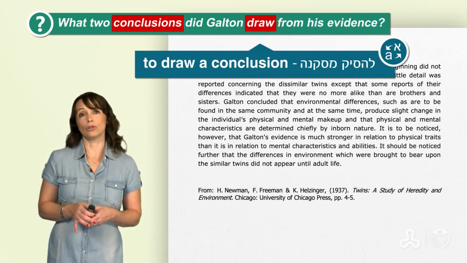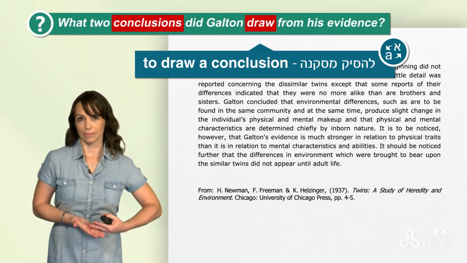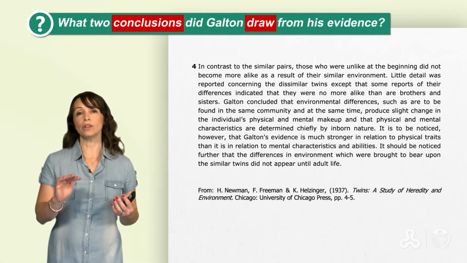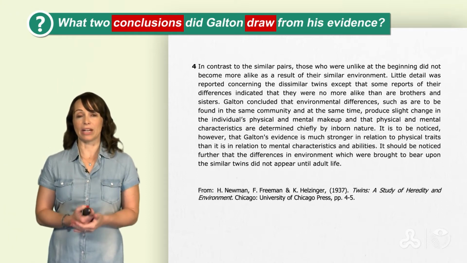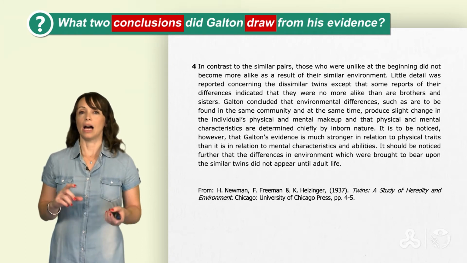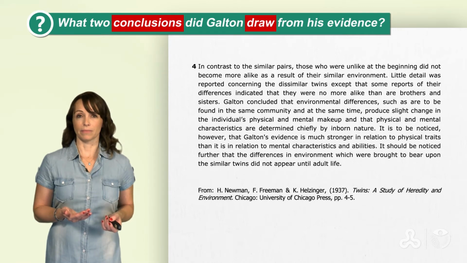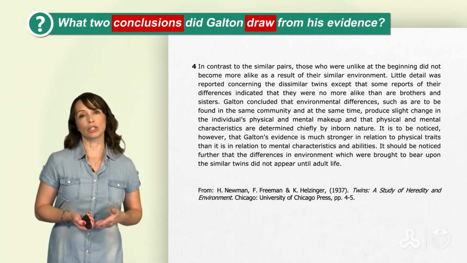To draw a conclusion doesn't mean to draw a picture of a conclusion, but to derive a conclusion. So writers draw conclusions. What am I looking for in the text right now? I'm looking for the two conclusions that Galton arrived at from his evidence. So let's pause right now and look for his two conclusions.